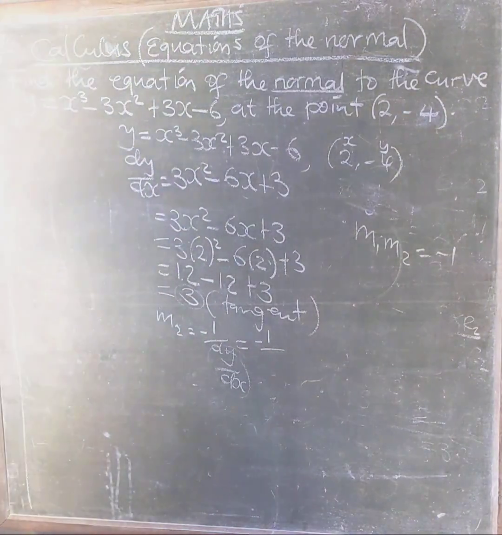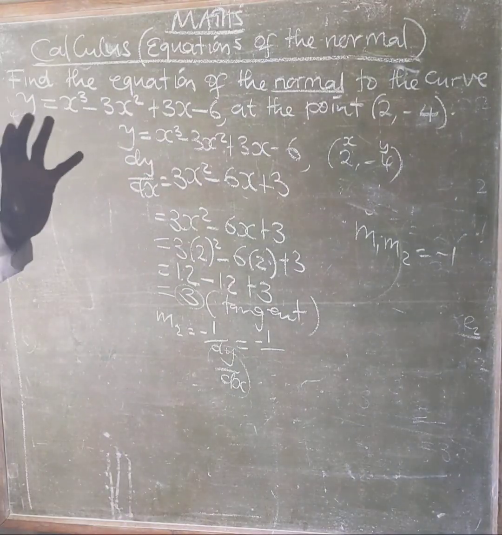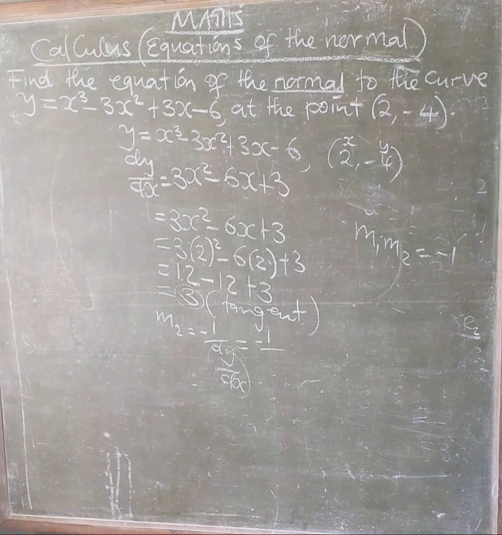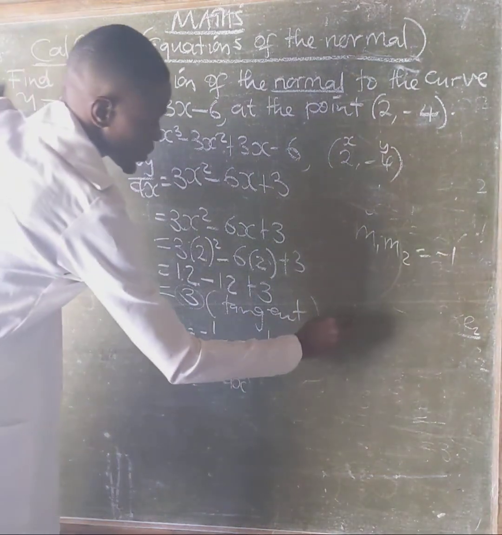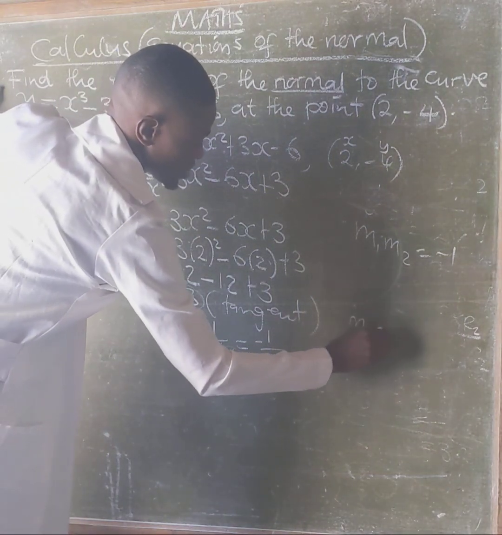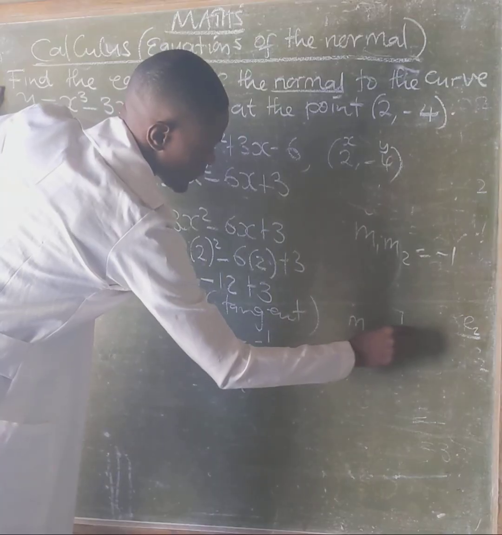Under coordinate geometry, gradient is denoted by small m. So instead of writing it like this, you can also write gradient 2 equal to negative 1 over m1.